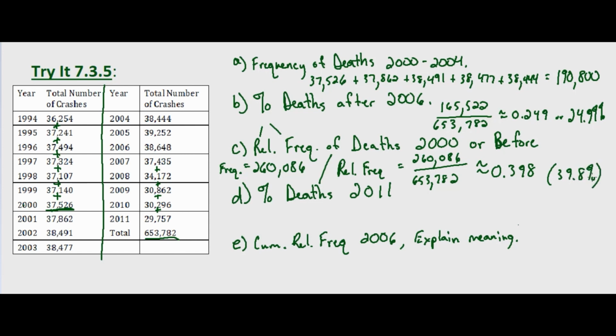So approximately 0.398 or 39.8% of deaths occurred in 2000 or before from our data.